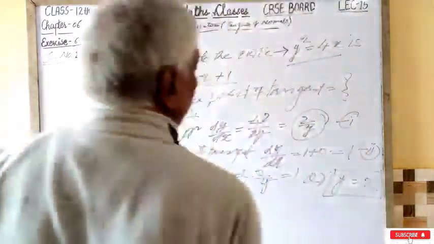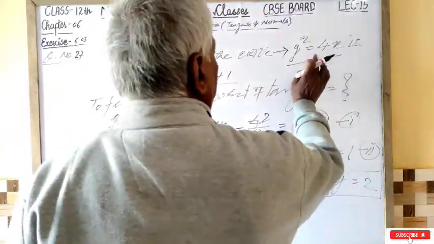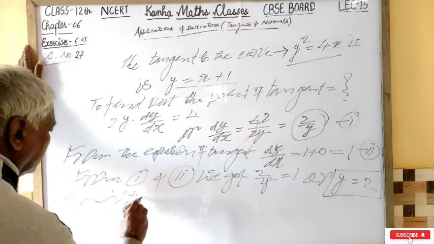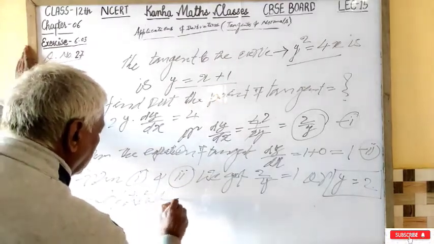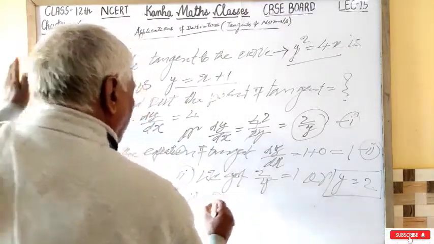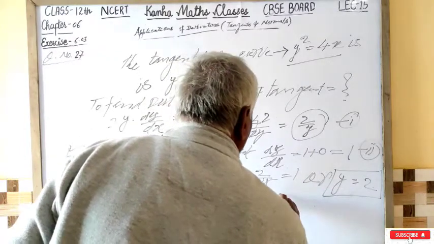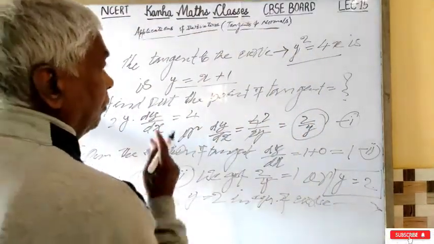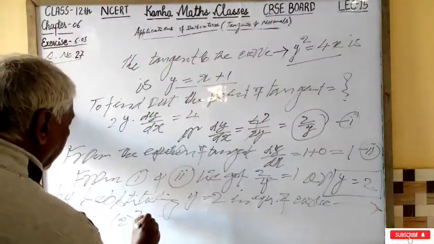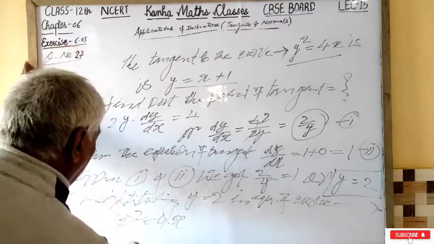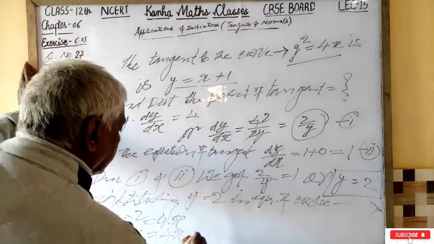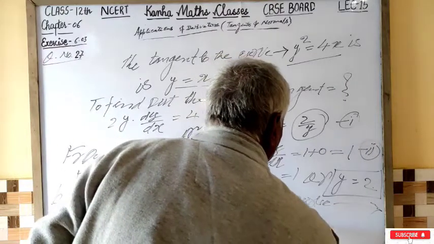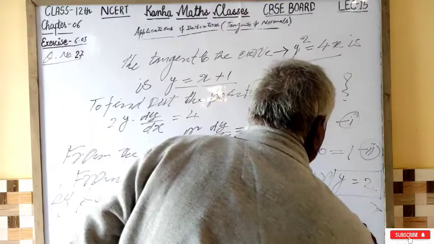Then by substituting y is equal to 2 in the equation of the curve, that is 2 square is equal to 4x, or 4 is equal to 4x, or x is equal to 4 upon 4, that is 1.